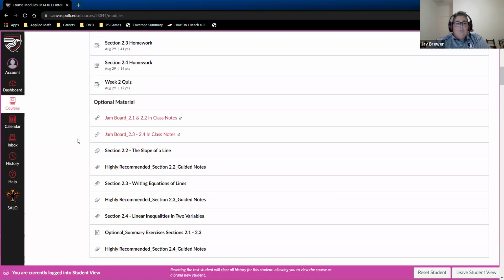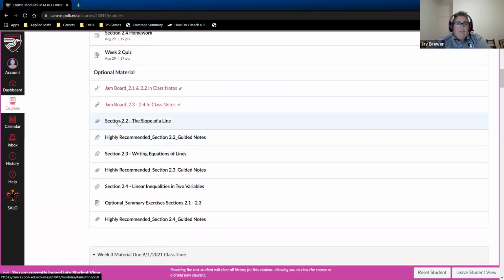And then what you also have are the optional sections here. In optional stuff, you'll see our class notes. You'll see the PowerPoints, and these are all linked so that once you click them, you go to where you need to go.